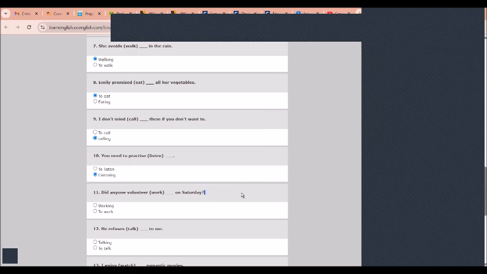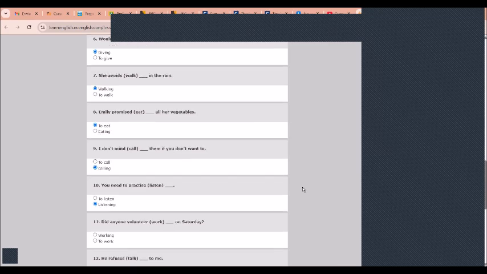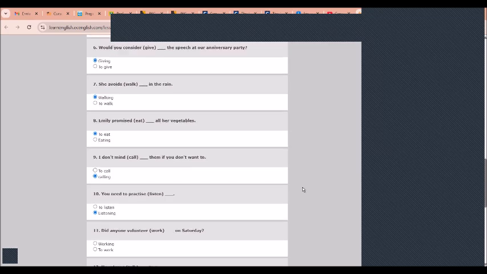Did anyone volunteer working on Saturday? All right. And that's why I paused earlier when we saw consider, because both of these things are talking about the future. So why here will volunteer go with to and consider will go with ing.